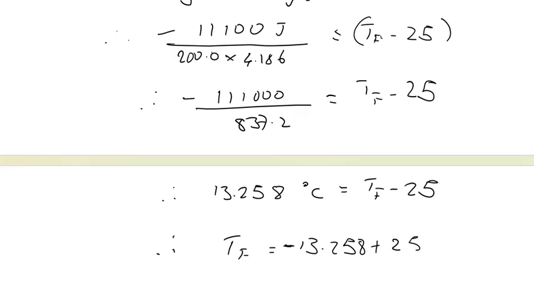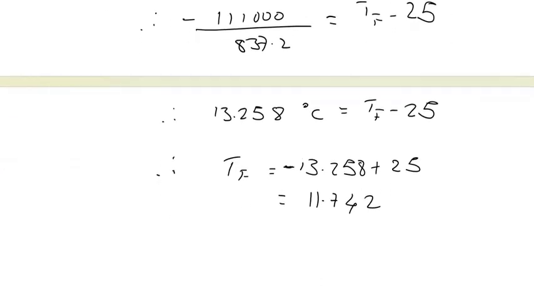So I have minus 13.258 plus 25. I will get 11.742 degrees Celsius, or 11.74 degrees Celsius. So that will be your final temperature.